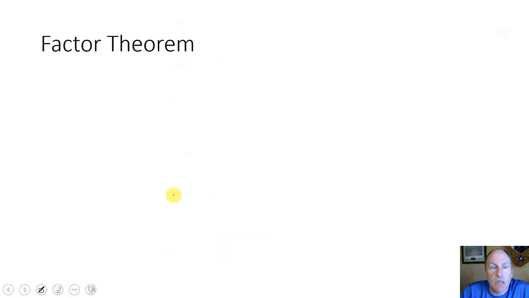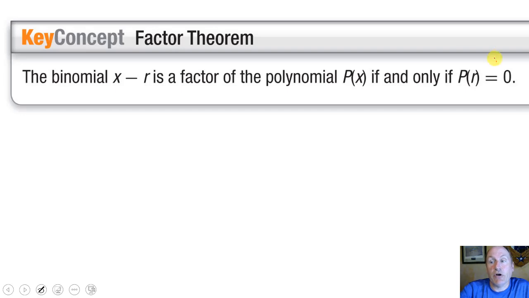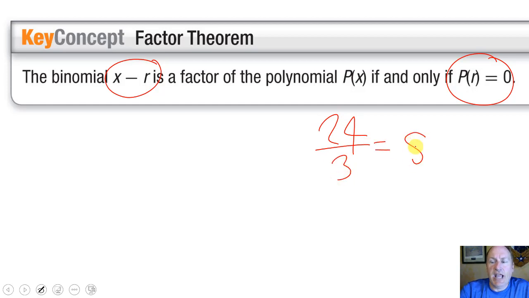The factor theorem is a special version of the remainder theorem. When the remainder is 0, that means x minus r is a factor, which holds true for integers as well. For example, 24 divided by 3 is equal to 8 with a remainder of 0. That tells me that 3 is a factor of 24.